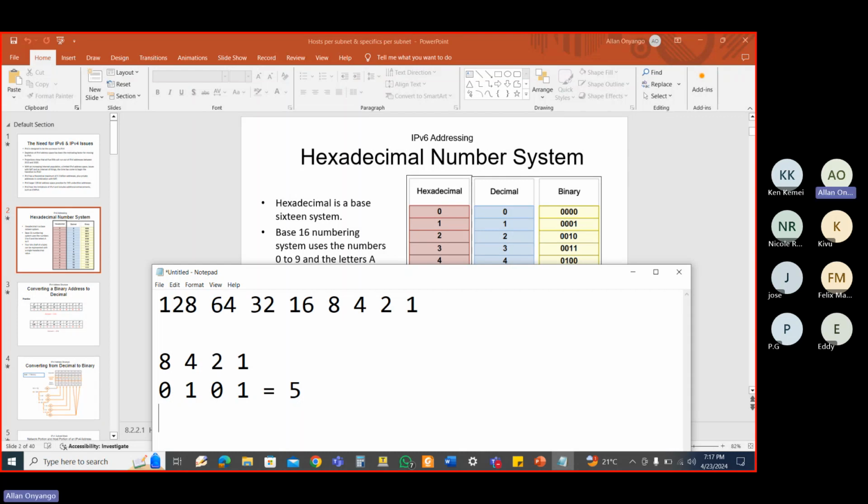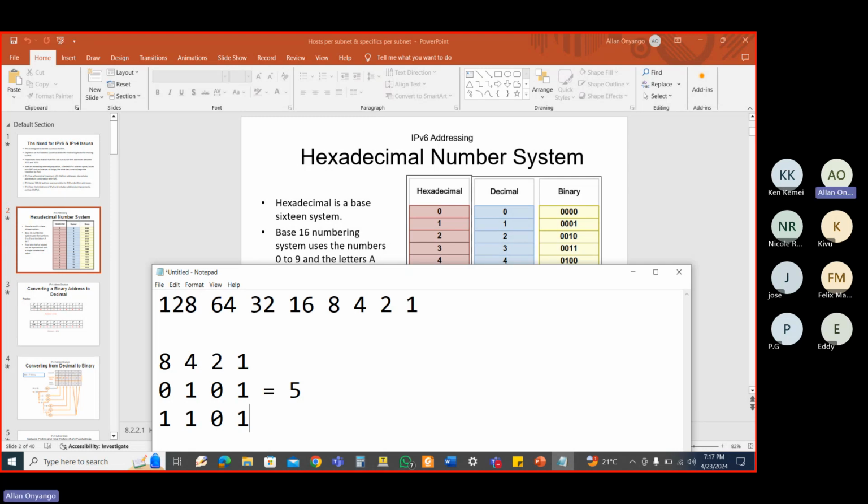Check this out. 13 is 8, 4 plus 1, isn't it? So our binary will be 1101. Can you feel that it's easier to work with 8421 than if you have up to 128?